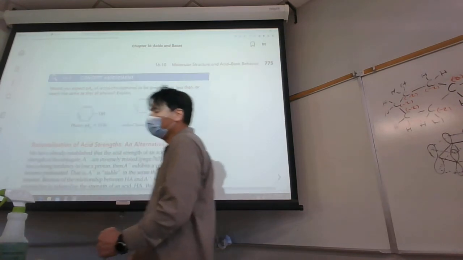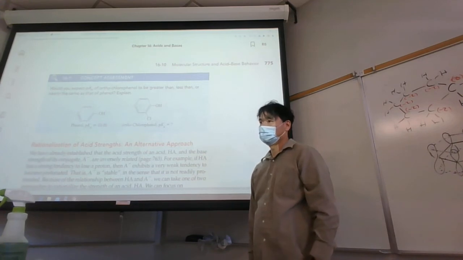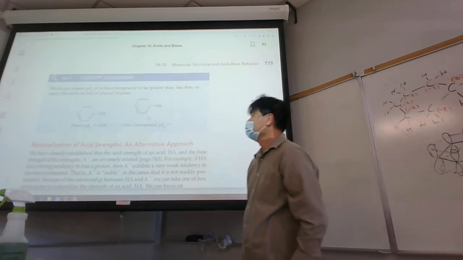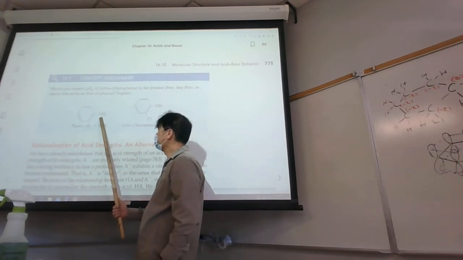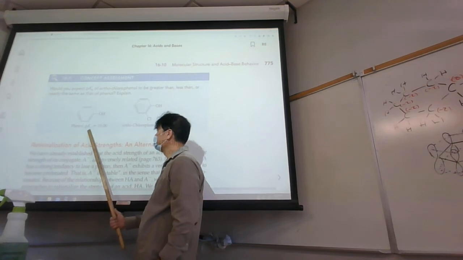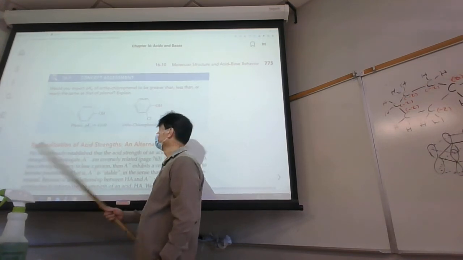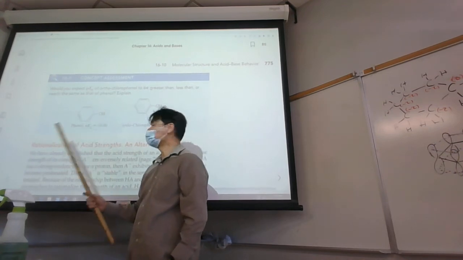Okay, now, are these acids or bases here? Bases. Well, these could go either way, but when we look at this here, it's a pKa, so we're talking about acid, and how acidic this is. So this looks like an alcohol. In fact, this is an alcohol.